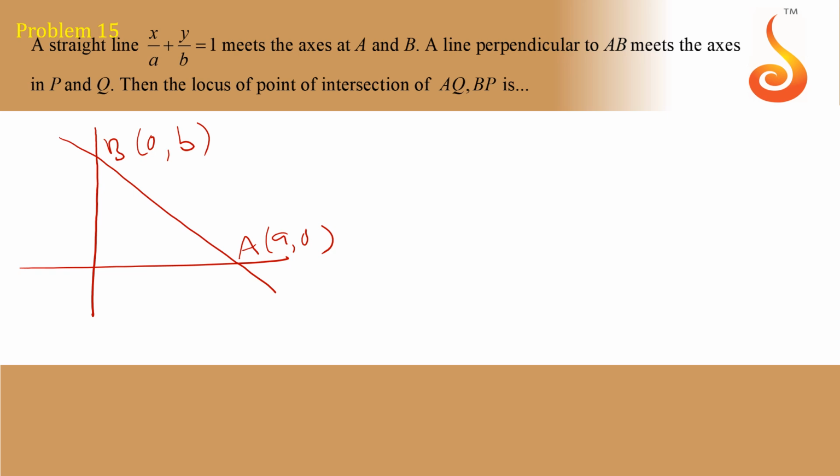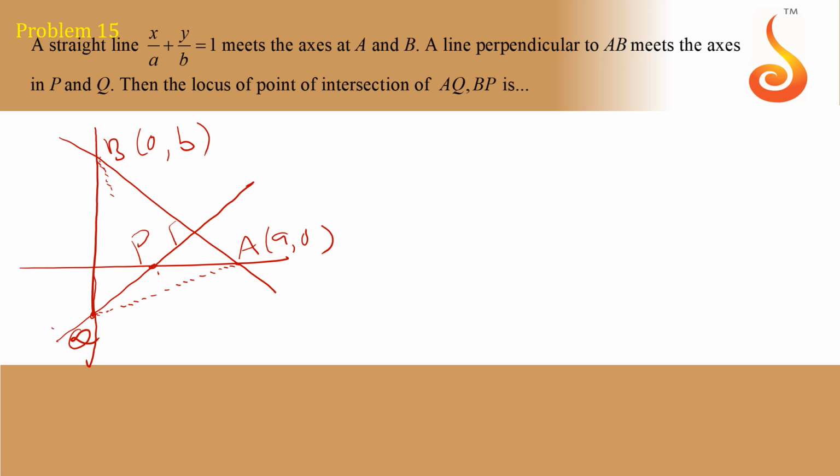A line perpendicular to AB meets the axes again at P and Q. So let us draw a perpendicular to AB which meets the x axis at P, the y axis at Q. Then we want the locus of AQ and BP.